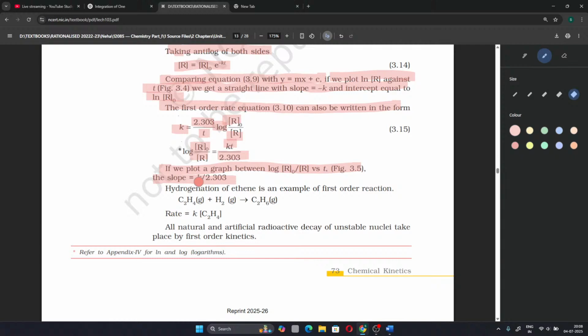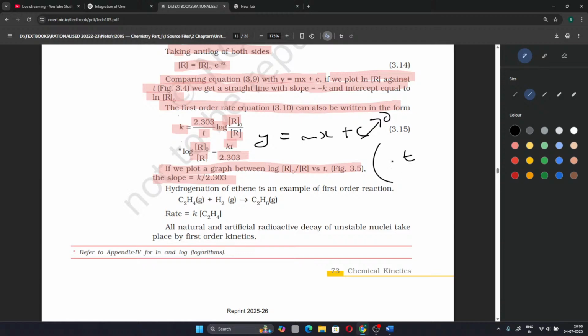We compare this to the line equation y equals mx plus c, where c is not considered here. So y equals mx, where x is t, m is k by 2.303, which is the slope, and log of r naught by r equals y.